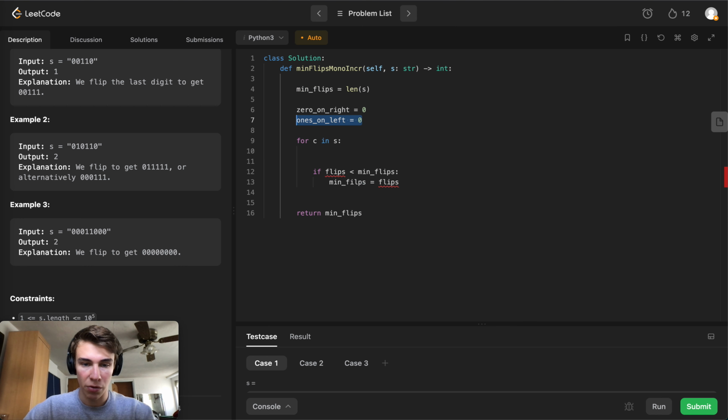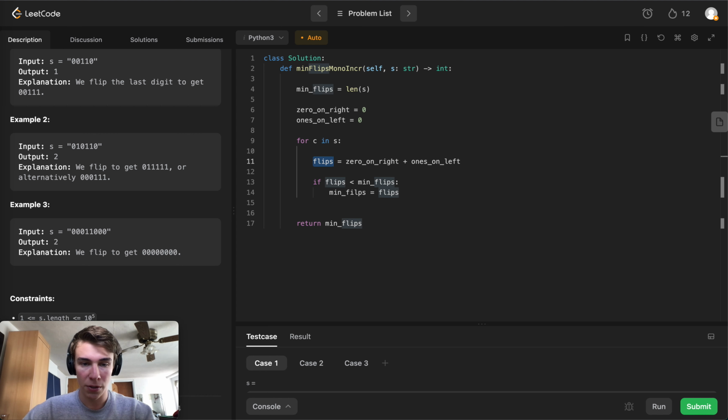Obviously these aren't initialized to the right things, and flips isn't even initialized, but the way that I see this is if I keep track during the whole traversal of the string of zeros on the right and ones on the left, then the number of flips will be zeros on the right plus ones on the left. This way, we immediately know how many flips it would take to get a monotone string.